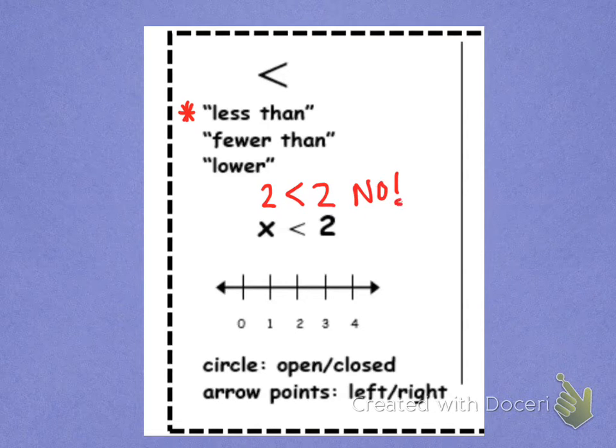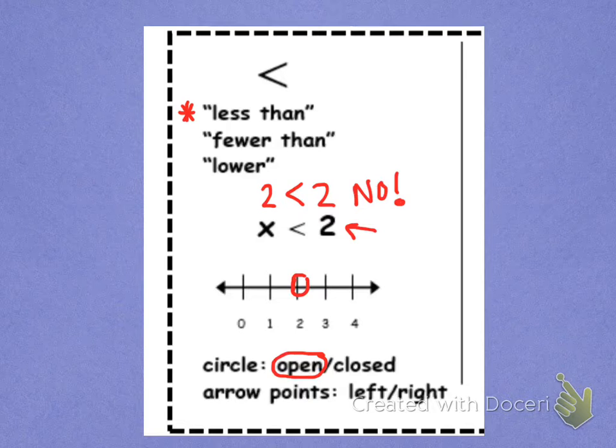Therefore, we have what we call an open circle, and we put our circles on the number that is in our inequality. So it's open at 2 because our inequality does not hold true for 2. It holds true for everything less than 2.